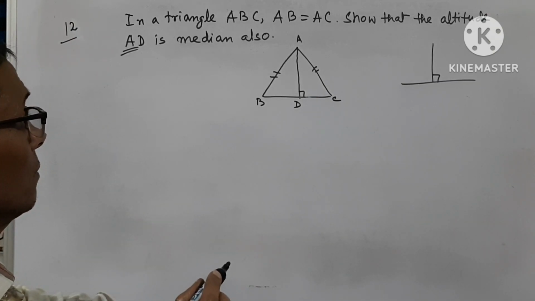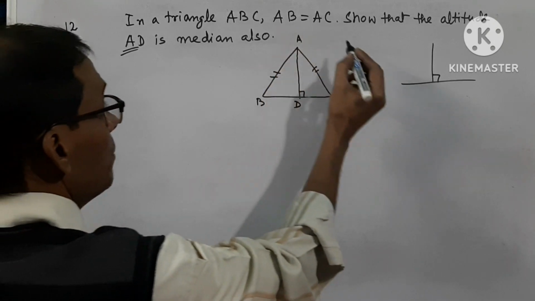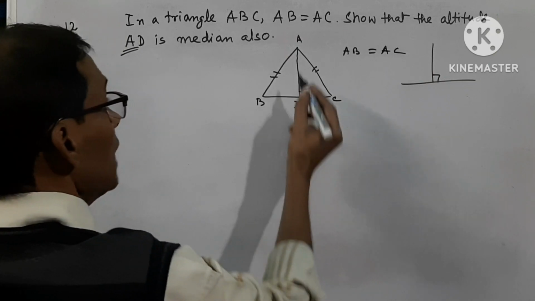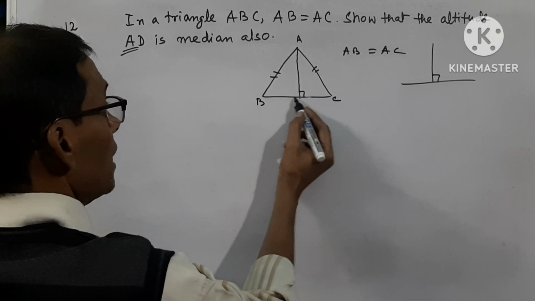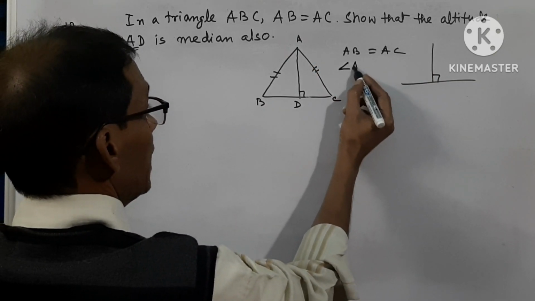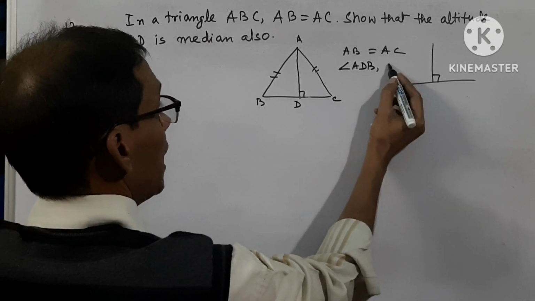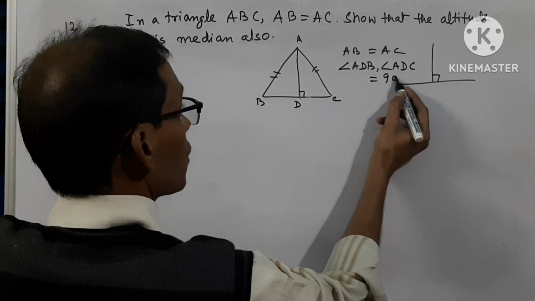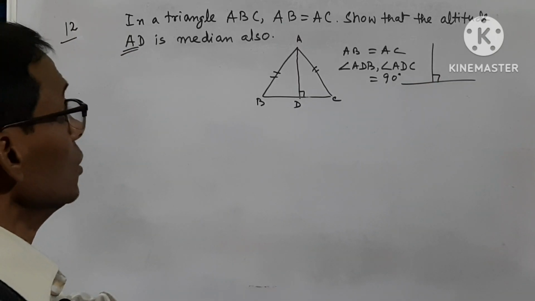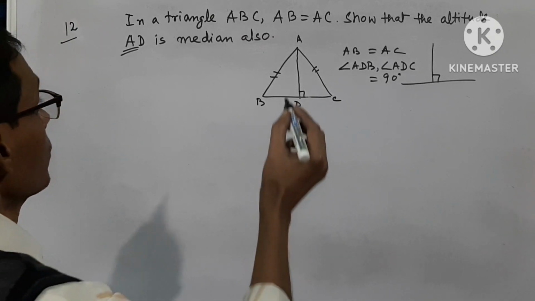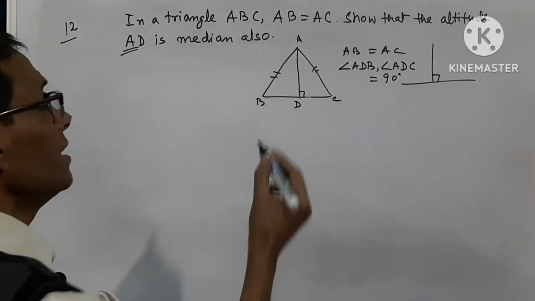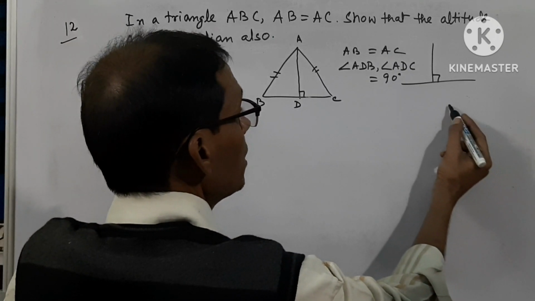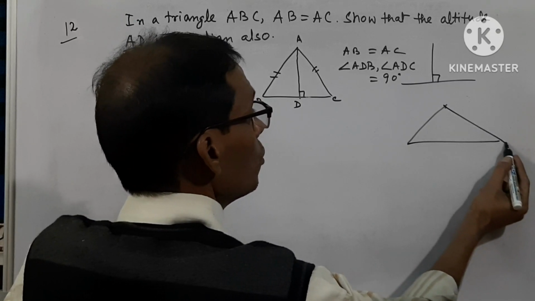So what are the things given? AB equals AC. Angles ADB and ADC are 90 degree. This is also given. You have to show AD is a median also. What is the meaning of median? You have to know the definition.